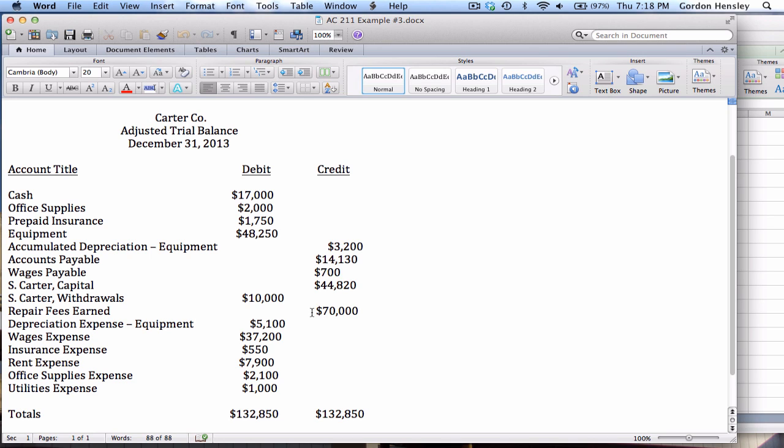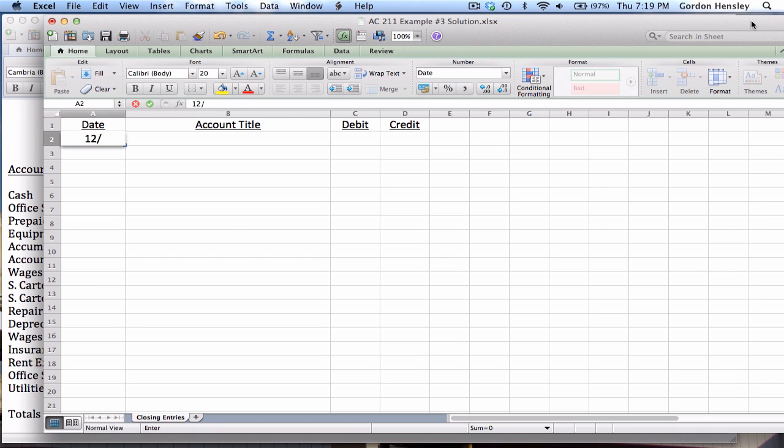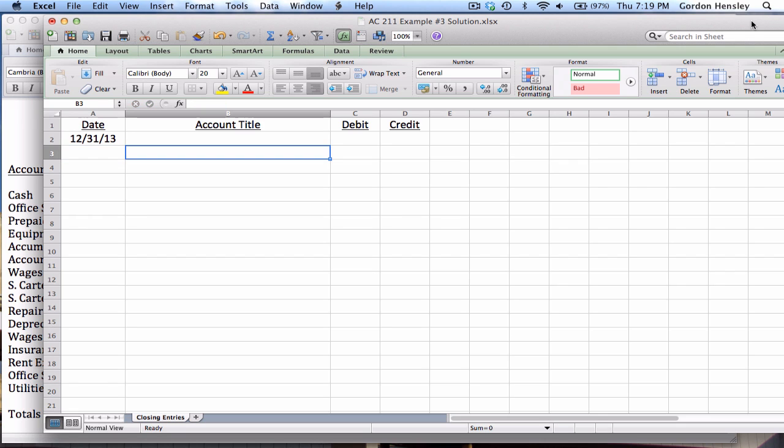Remember, for me to close something and take the balance all the way down to 0, I would have to do the exact opposite. So as of the end of the year for 2013, I'm going to have a $70,000 journal entry. I'm closing out the repair fees earned.